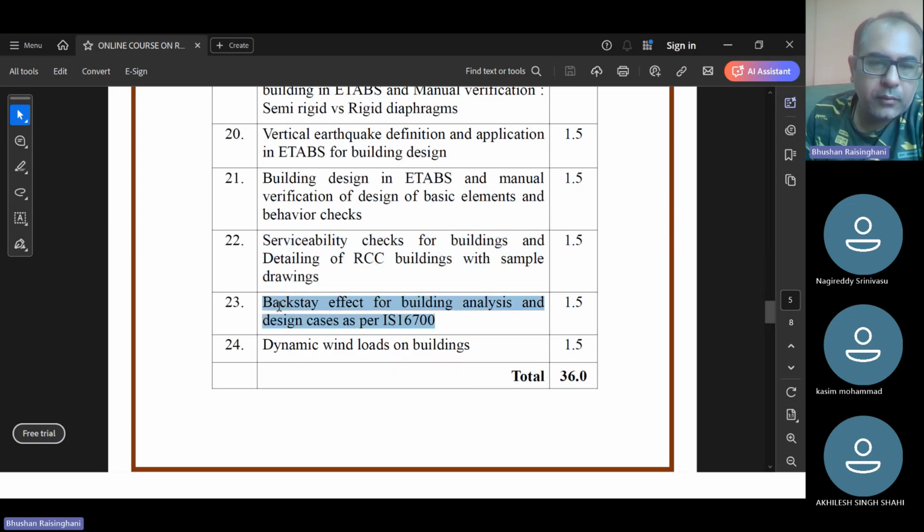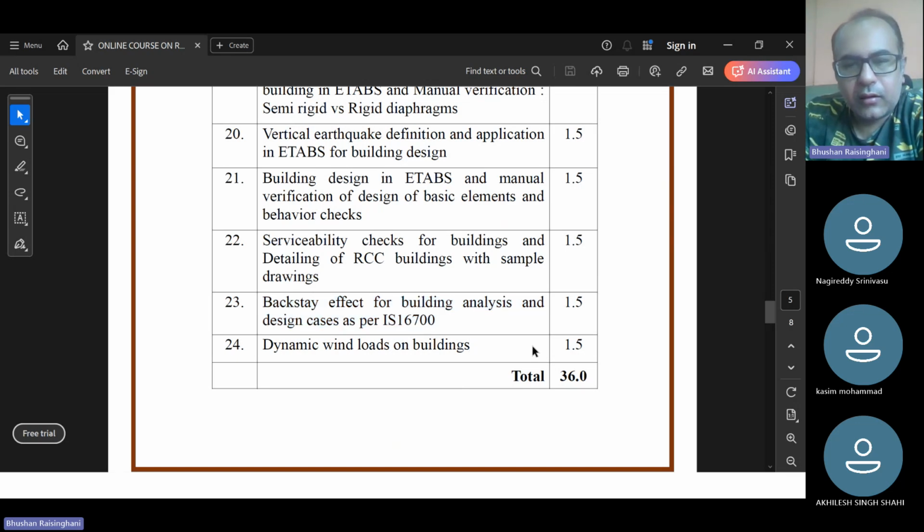Backstay effect for dynamic wind load, because it's a FEM simulation, we cannot do it in this course. But we will understand when to do a desktop study, when to do a wind tunnel study, and when to go for the gust effects on the building. So this is how my 36 hours is decided.